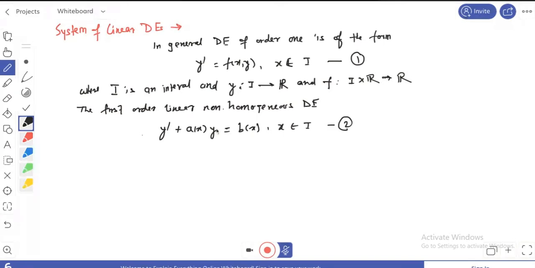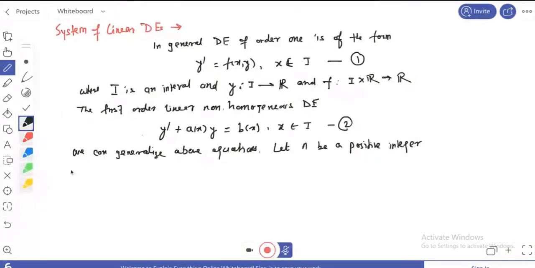So we can generalize the above equation. Assume that n is any finite positive integer.